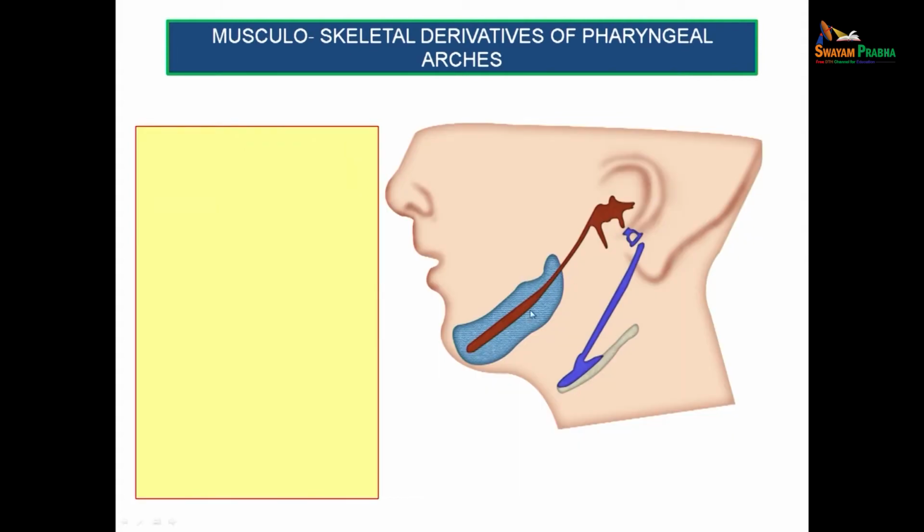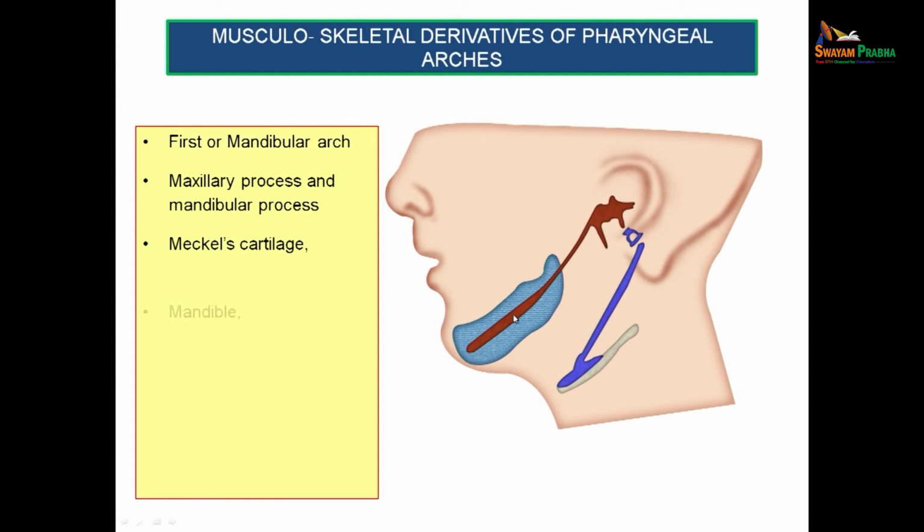So let's see, this is the first arch. You can see here it is the cartilage, Meckel's cartilage. This is the first arch or the mandibular arch. You have the maxillary process and mandibular process belonging to the first arch. The Meckel's cartilage will ossify to form a portion of mandible. It will also give rise to the malleus and incus.